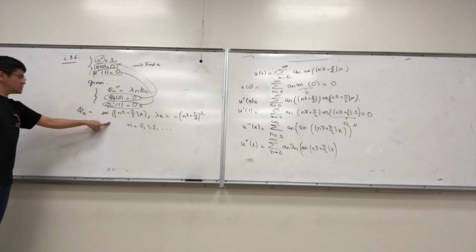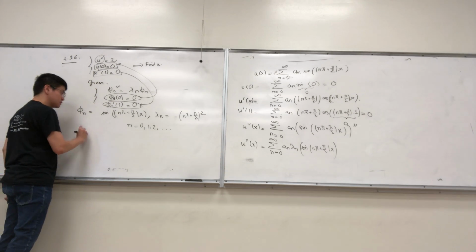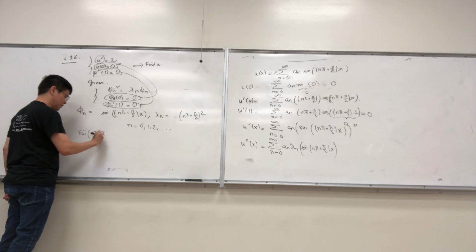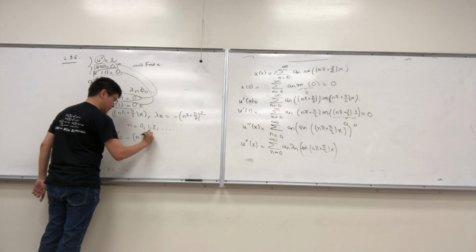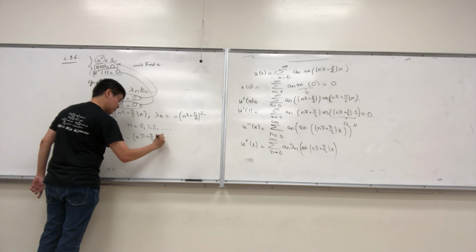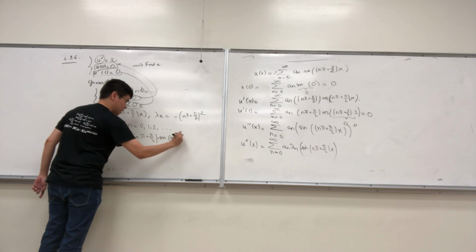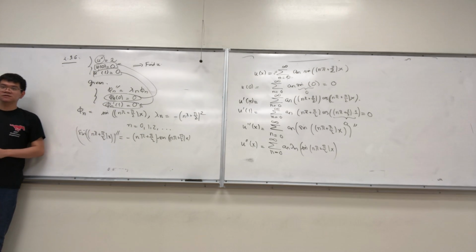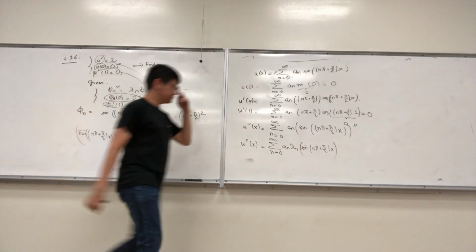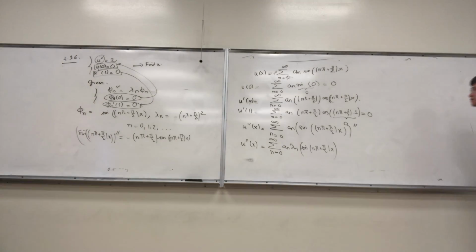It's good because sinus of n pi plus pi over 2 x, second, is minus n pi plus pi over 2 squared times sinus of n pi plus pi over 2 x. All right? So far so good? Right. Any further questions?